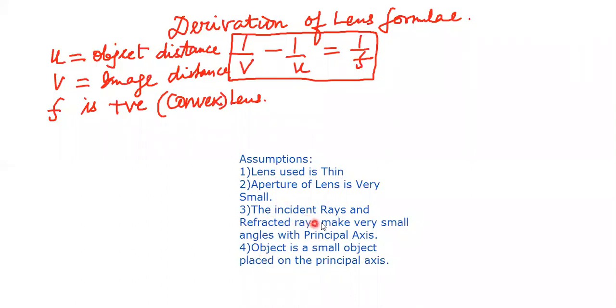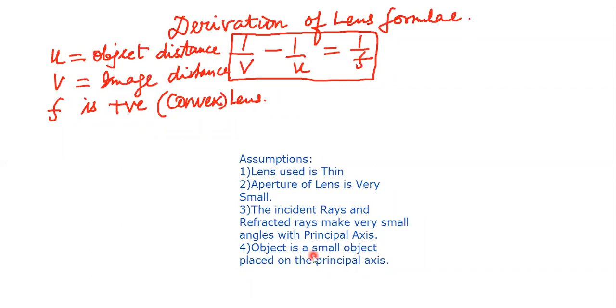Number three, the incident rays and the refracted rays make very small angles with the principal axis. Since the angles are very small, we take their values to be small. These rays are also known as paraxial rays, and the values we take are known as paraxial values.